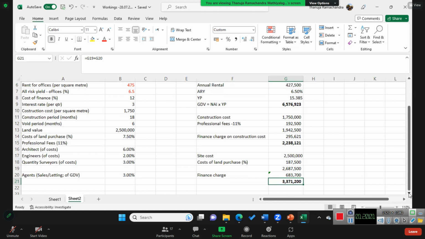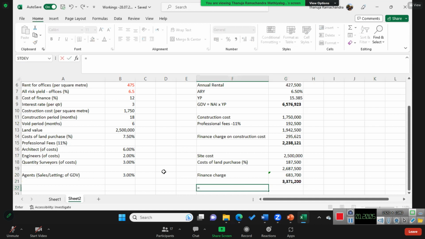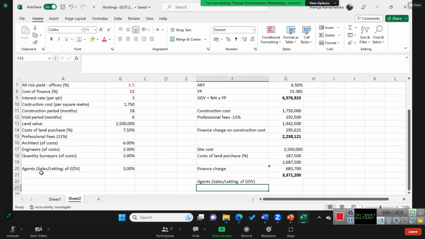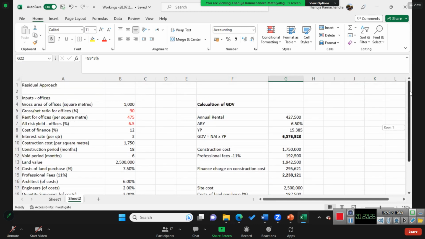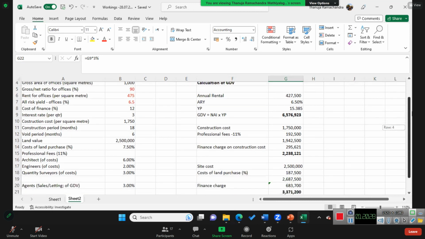Right. So what else we have? Oh, there is this charge. Agents or sales or whatever. That is 3% of the GDV. Simple mathematics, right? Right. So what is the question? What is the question?